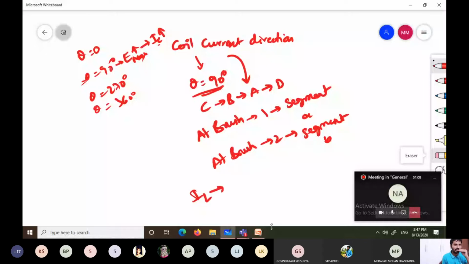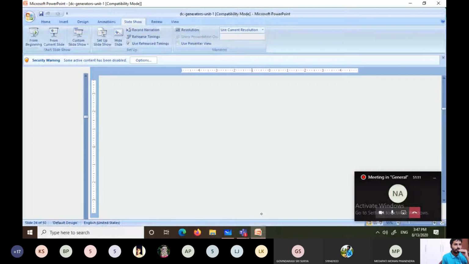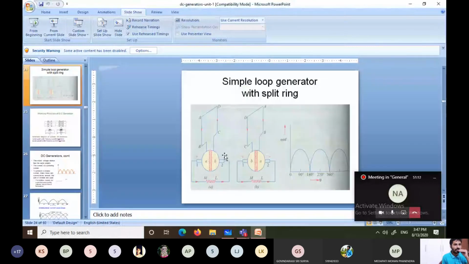Now represent the load current. The current will flow from the positive brush to the negative brush.